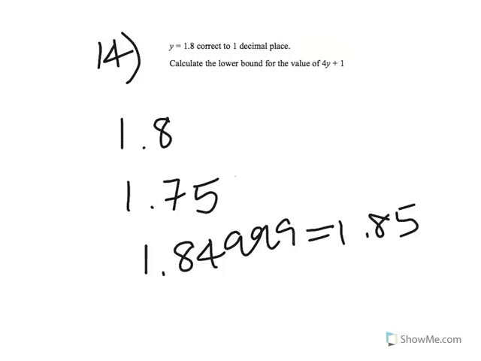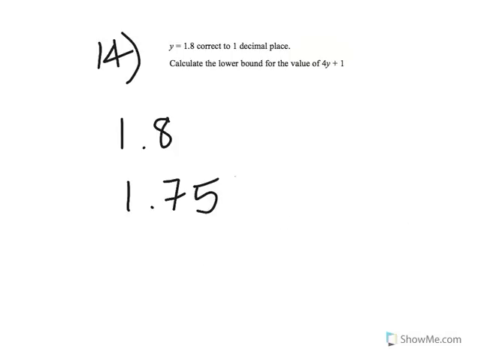That's just the same thing, right? So the lower bound is just the 1.75 and 1.85 is the upper bound.